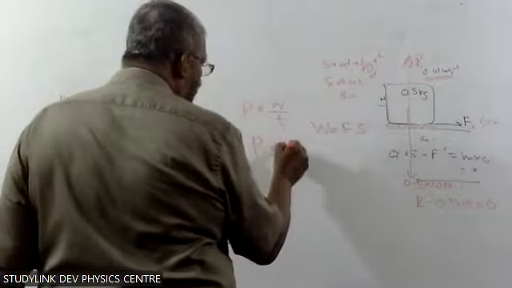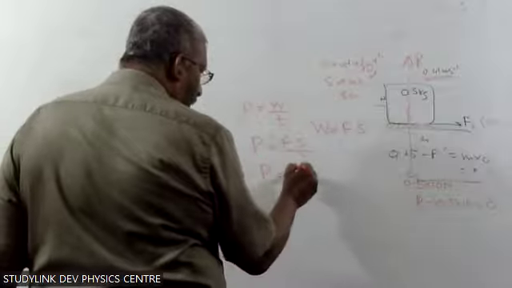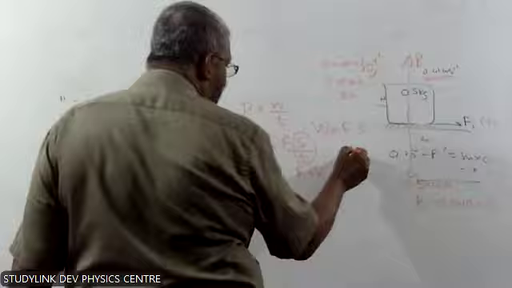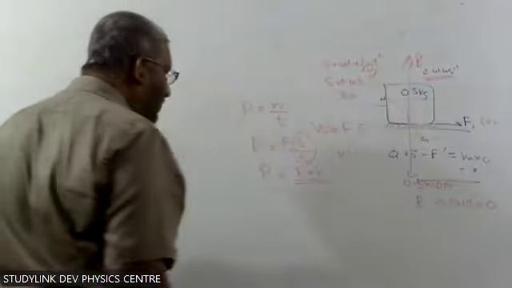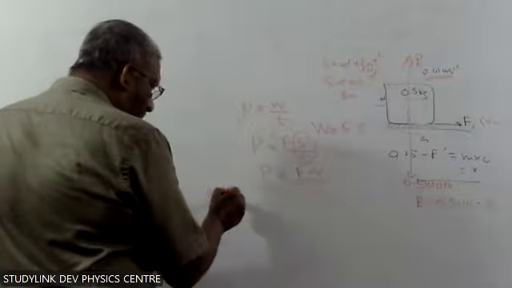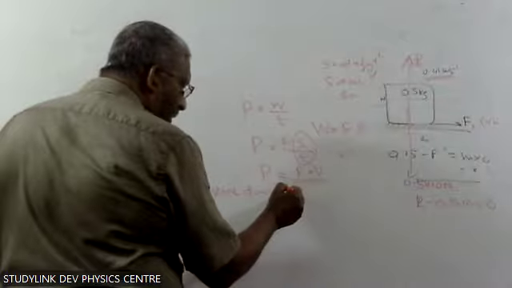P is equal to Fs over T. P is equal to F into S over T, which is velocity, Fv. That is power. Power is work done in 1 second or unit time.